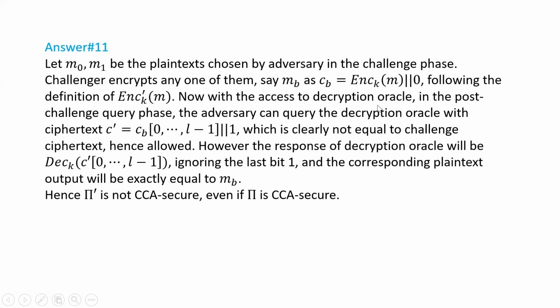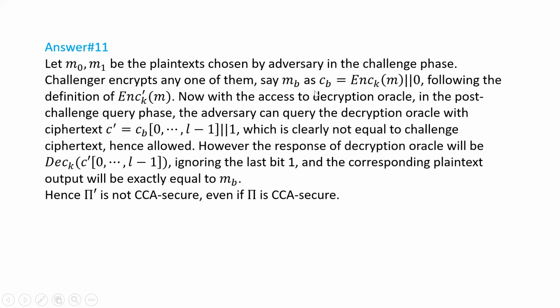Now, with access to the decryption oracle in the post-challenge query phase, that is, after seeing the challenge ciphertext CB, the adversary queries the decryption oracle with ciphertext C dash. And what is C dash? C dash is basically the first L bits of CB concatenated with 1. So you basically replace the last 0 of your challenge ciphertext CB with 1.